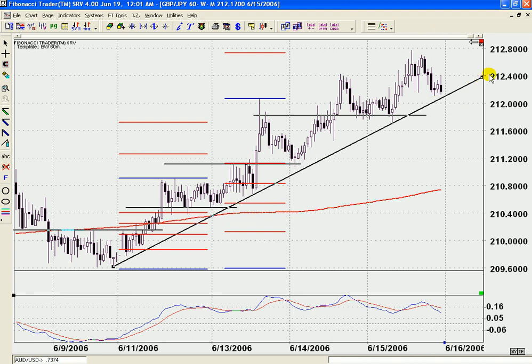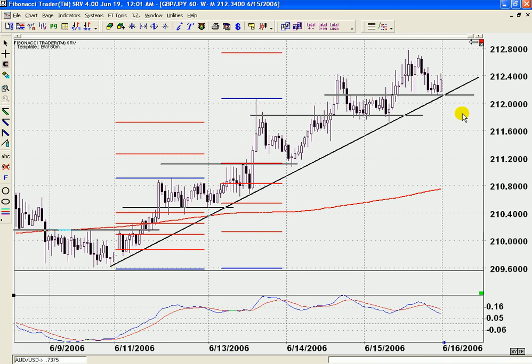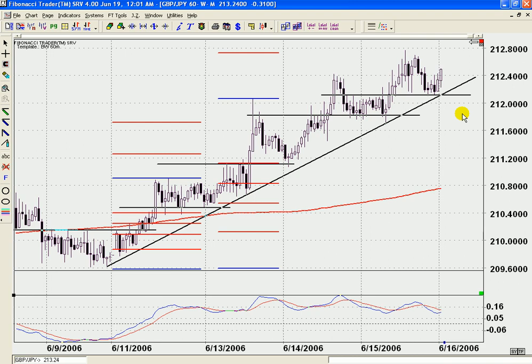We are coming to the trend line and holding above this support resistance level here. And I think that we can anticipate another up move here, another up leg.